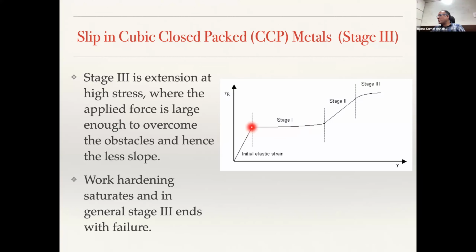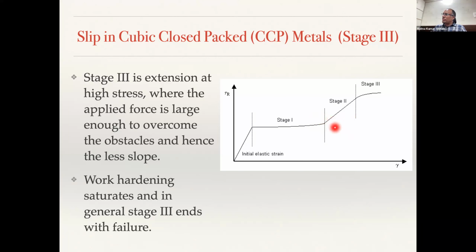This is what we call the easy glide phenomenon. After that, other slip systems get activated, because when slip is taking place, the orientation of the crystal is changing, and as a result, new slip systems become active, and hence dislocations start moving in other slip systems or within the same slip system.